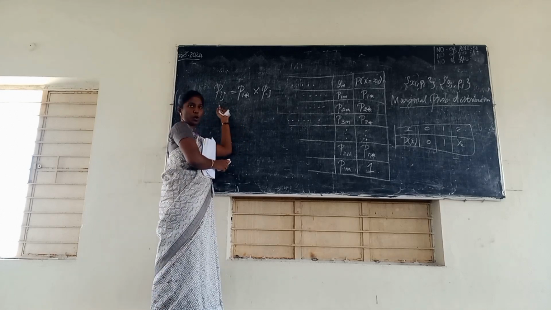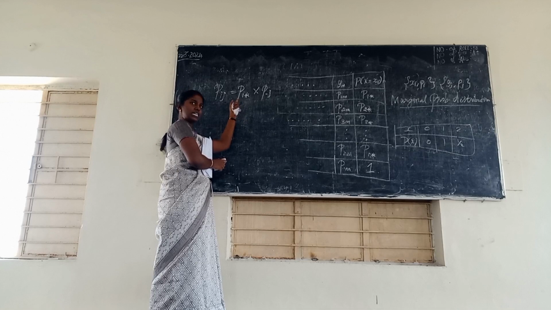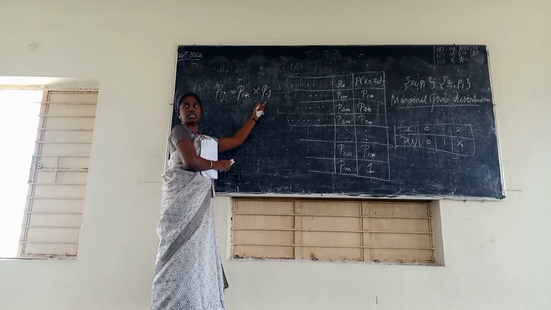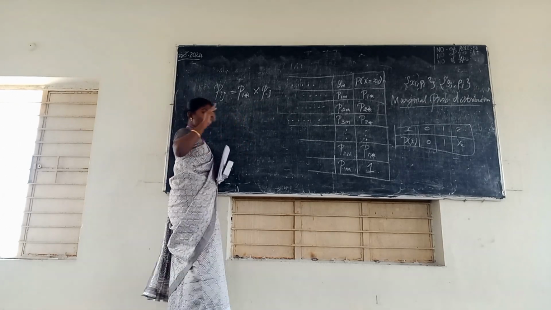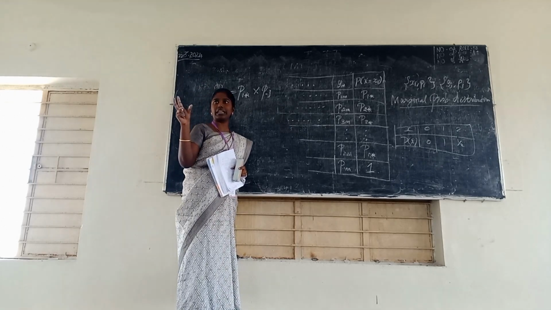Very good. Joint probability distribution. And what is this? Marginal probability distribution of x. And what is this? Marginal probability distribution of y. You all know what independent means, right?